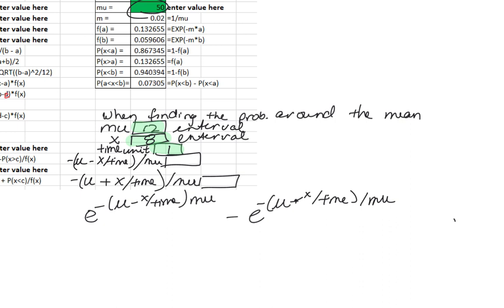Okay, so let me give you the numbers that I got by doing mu minus x divided by the time divided by mu. So for this first cell using these numbers, I've got 0.333. And then for this next one, using these numbers, I get 1.6 repeating, so 1.667.